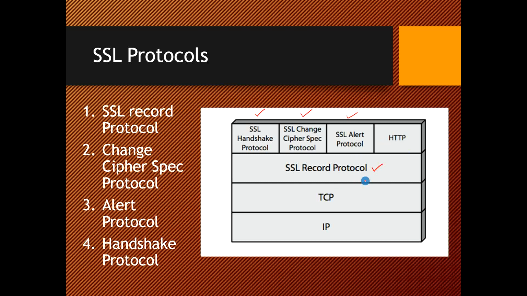You can see here SSL record protocol is here, whereas HTTP is here. Now let us look into each of these four protocols in much detail. To begin with, we start with the SSL record protocol.